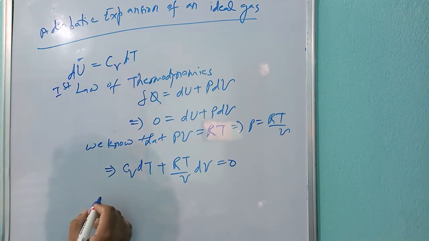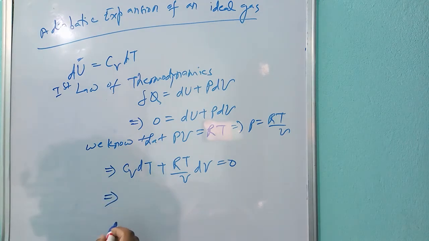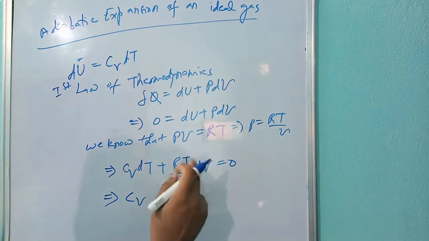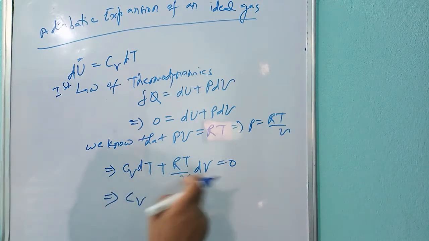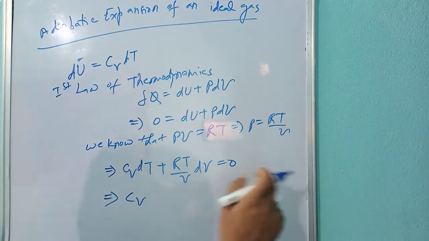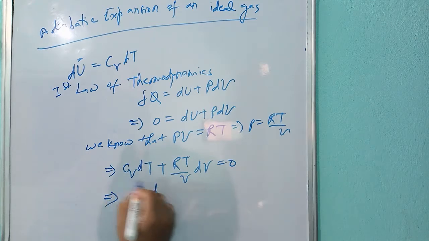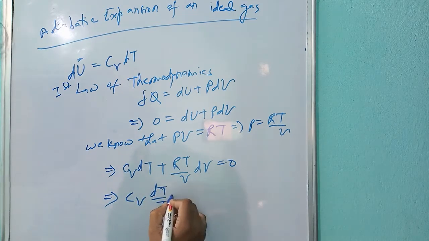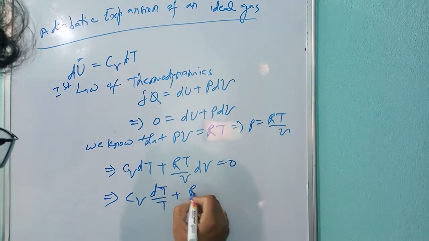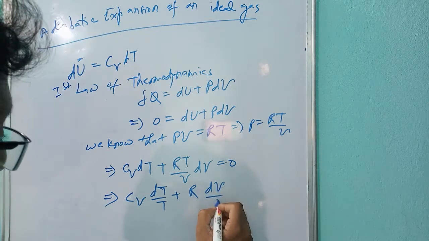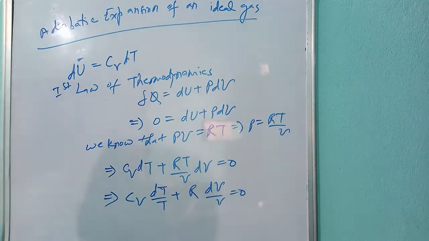Now we are going to divide both sides by T. Now what will happen? Cv dT by T plus R dV by V is equal to 0.